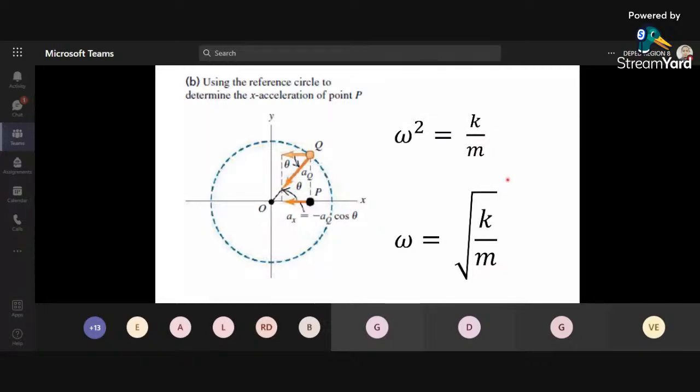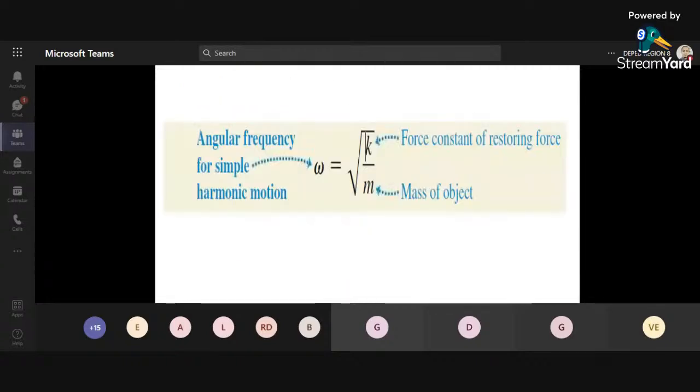Or simplify this as angular speed is equals to the square root of spring constant divided by the mass. Right? So this is angular frequency for simple harmonic motion. Di ba na-discuss na naman ni siya, no? Last time, ato lang ni siya gibalik ron.